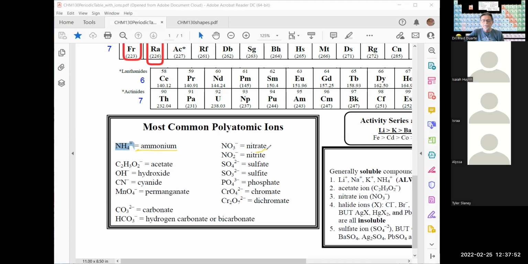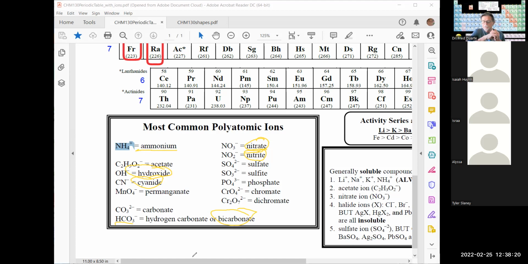We don't change the name. We don't say nitrogen oxide, whatever. It's called nitrate, for example, or nitrite, sulfate, sulfite, et cetera, hydroxide, OH, cyanide, CN, etc. Hydrogen bicarbonate, this is good old-fashioned baking soda. Here's HCO3 negative.